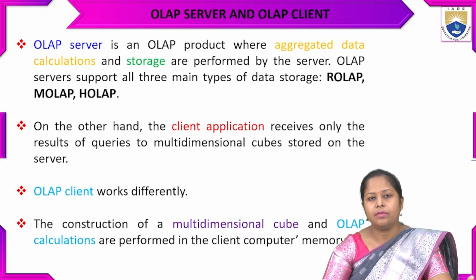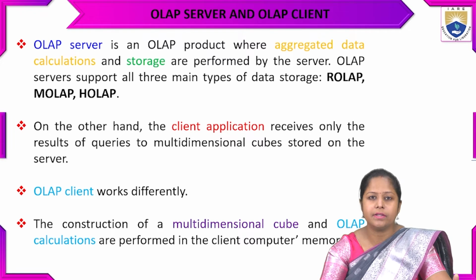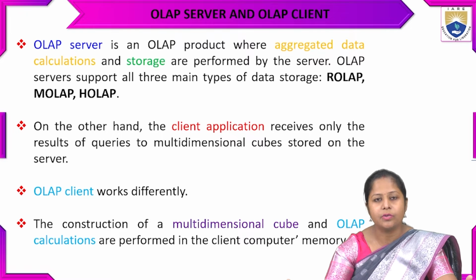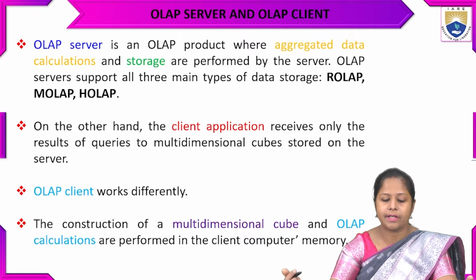We have also covered what the different OLAP servers are, right? Basically, we can sometimes be confused because sometimes the user is going to use the server, and sometimes the user is going to use the client desktop. So what is basically the difference between OLAP server and client desktop?